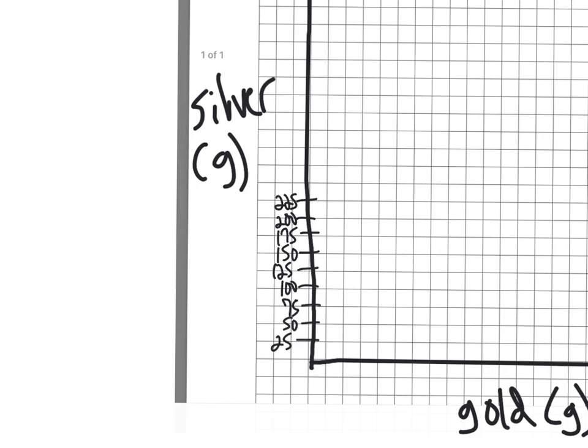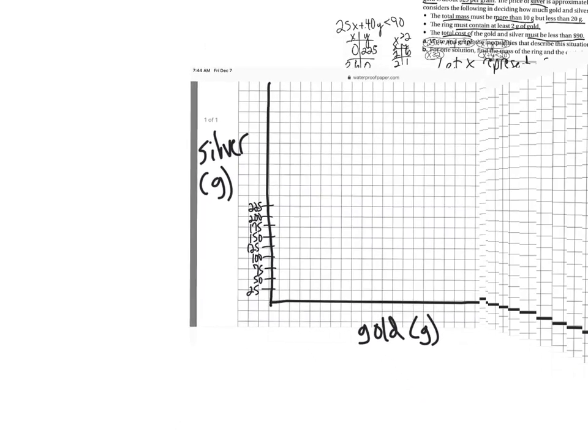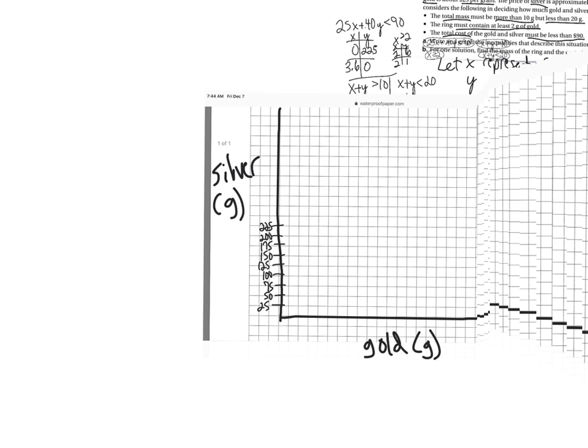I could have gone by 10s or something, so it wouldn't be quite so scrunched up. But anyway, 0 to 25 is one of the points, and we had a 3.60. If I don't mark anything on the x-axis, we're going to assume we're going by ones.